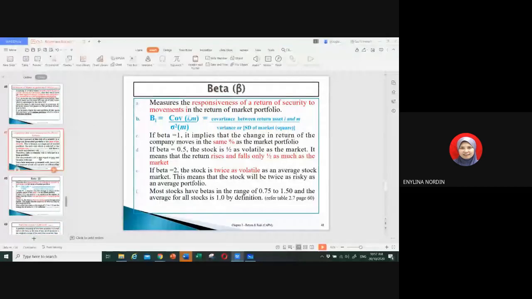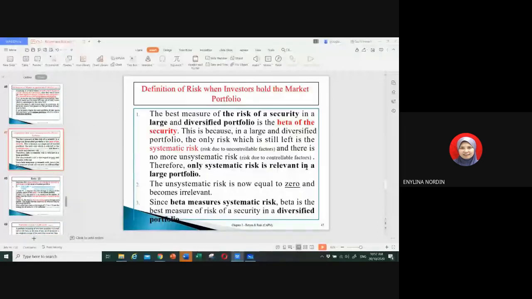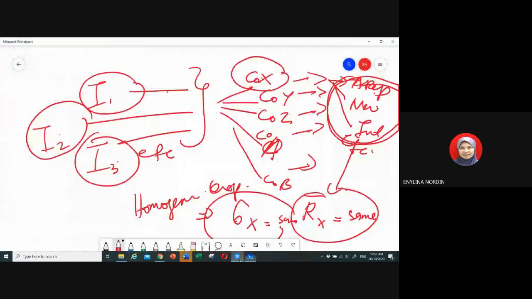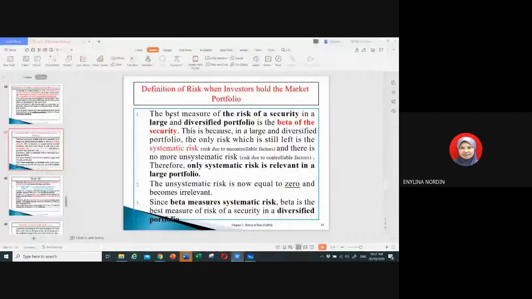Now we have a large and diversified portfolio, more or less the same as the market portfolio, right? So what happens when you have a diversified portfolio? In a large and diversified portfolio, the best measure of the risk of the stocks in the portfolio is beta, right?